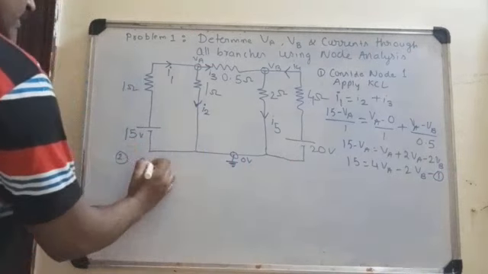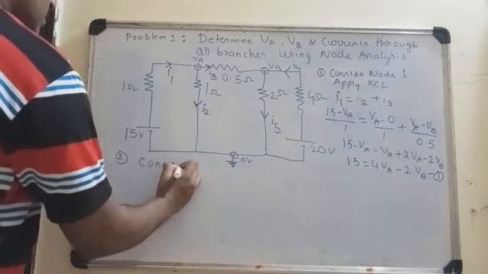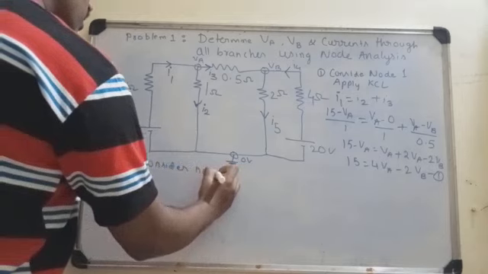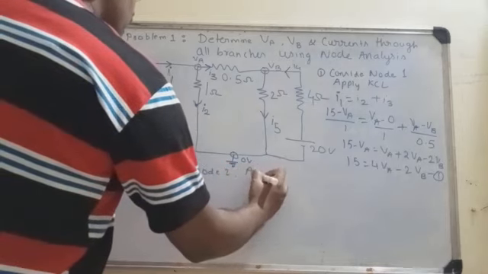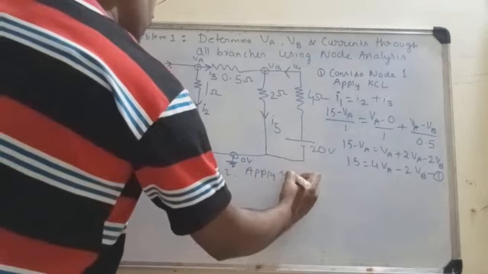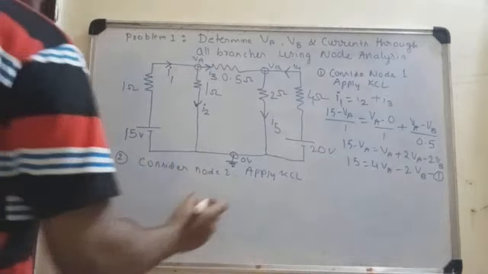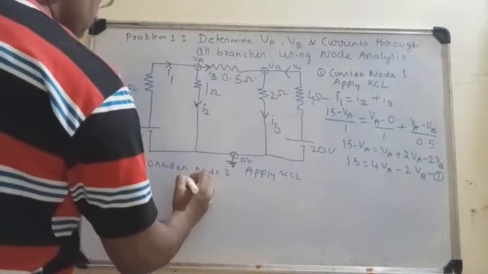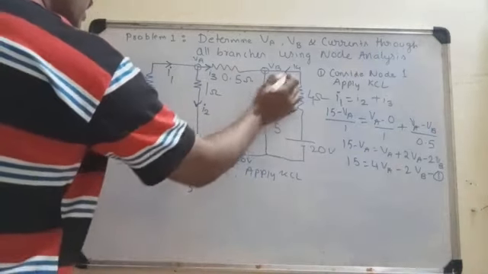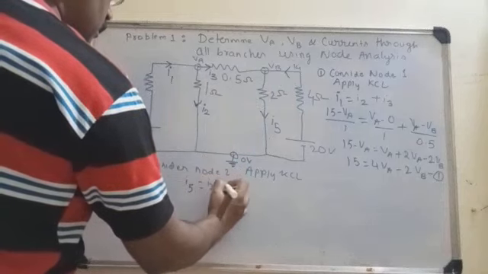Second, consider node 2. Apply KCL. One outgoing current I5 and two incoming currents I3 and I4.